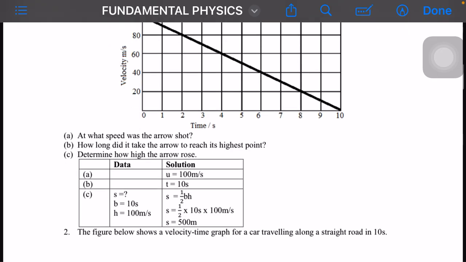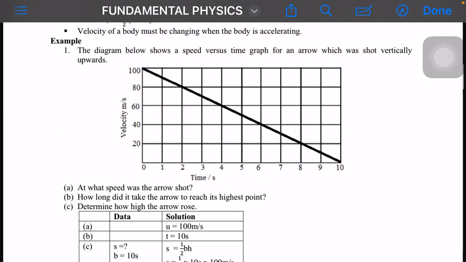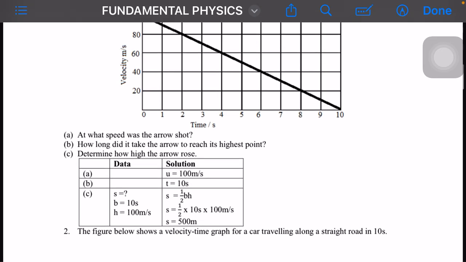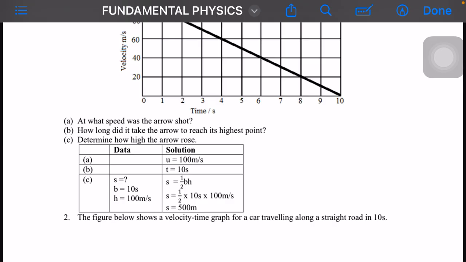So here it took 10 seconds. Why 10 seconds? Because when it was shot, it never stopped. It just went. The line dropped at what? At 10. That's how you find the highest point. If the arrow dropped at 4, it could have meant that it took 4 seconds, like it dropped at 10.